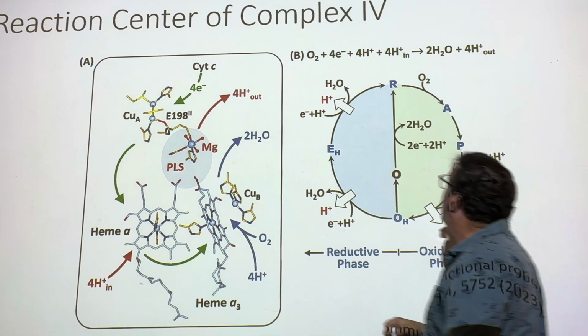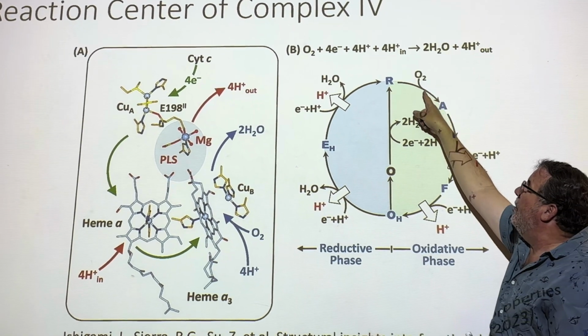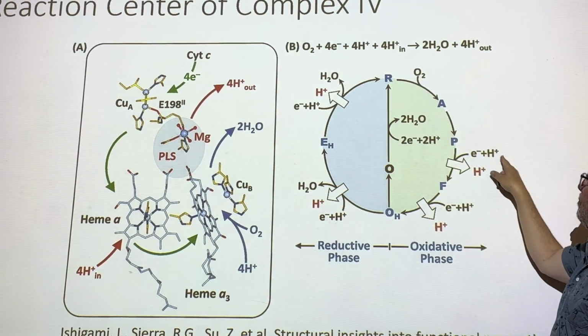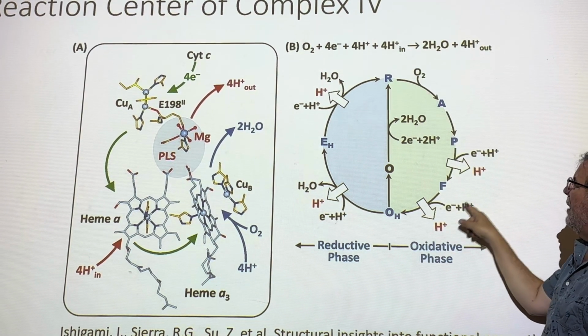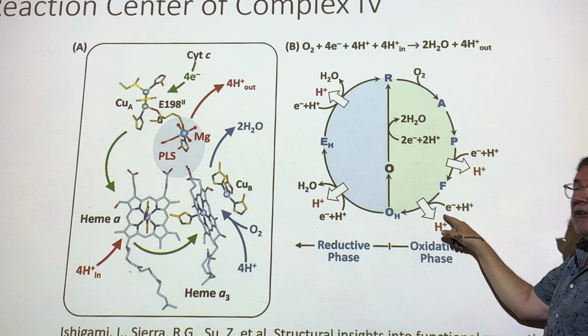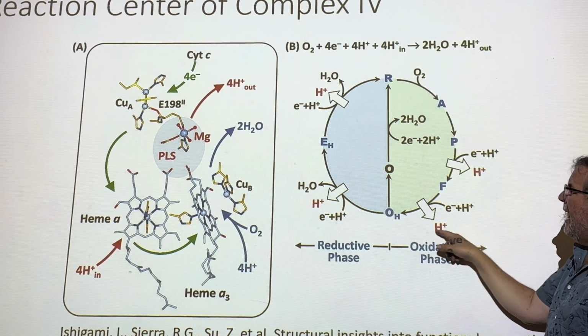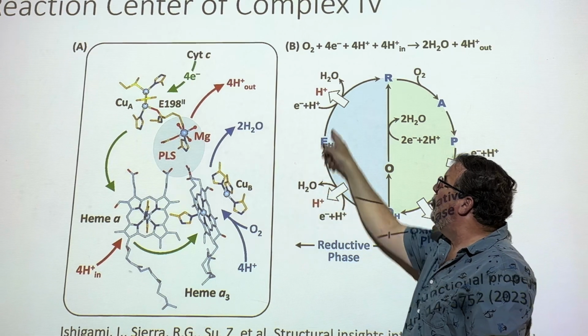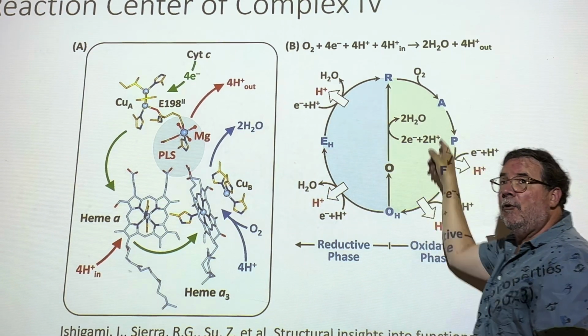The whole process basically involves, if we follow this cycle, you bind the oxygen, you bring in several electrons that are coming in from cytochrome C, right? And then ultimately you end up making 2 water molecules through this whole cycle.